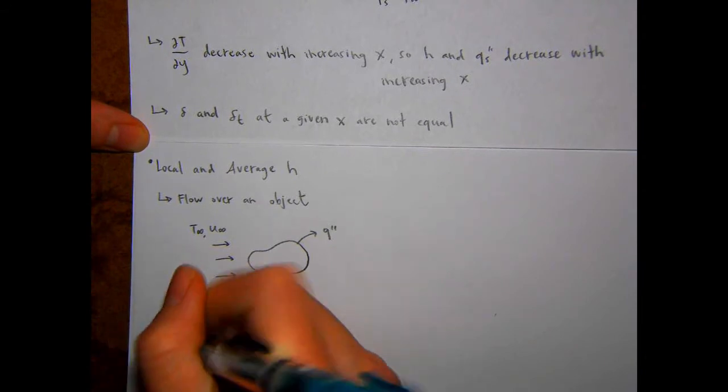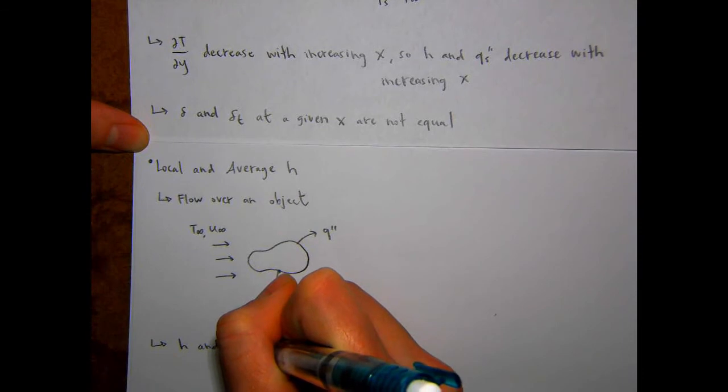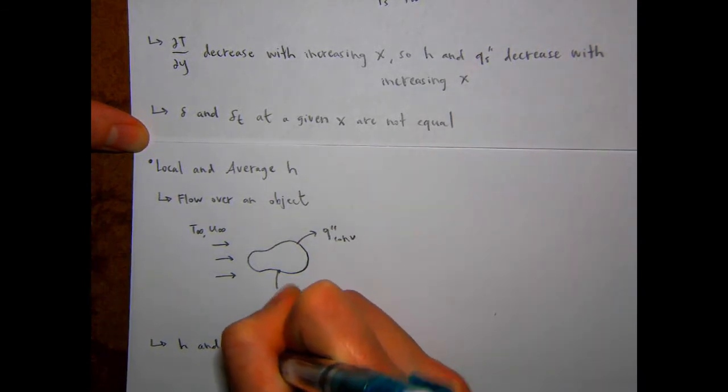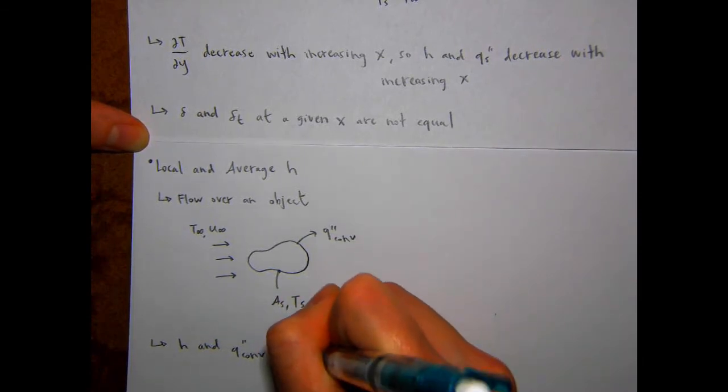So as we said, h and q, let's say this is convection, h and q vary along the surface.